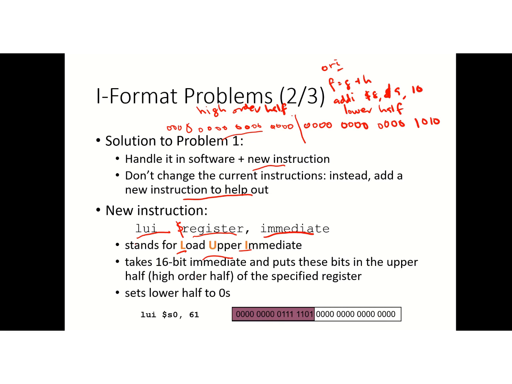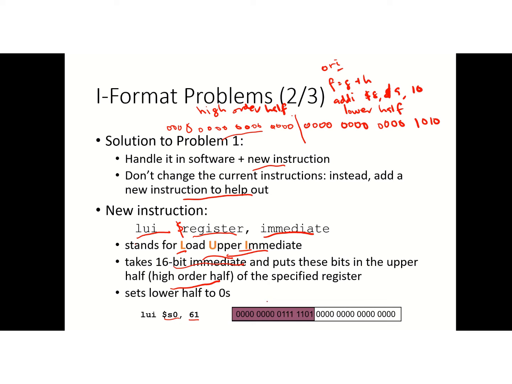So instead, they introduce a new instruction which they call load upper immediate. It takes a 16-bit immediate and puts these bits in the upper half, the high order half, of the specified register. So in this case, for example, load upper immediate register s0 and then 61.